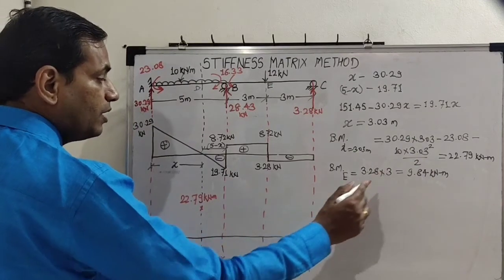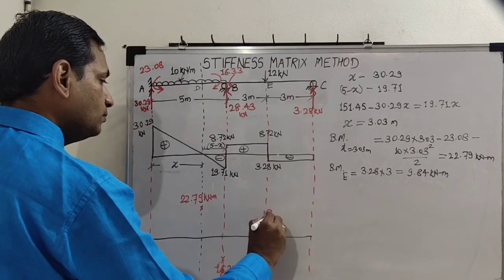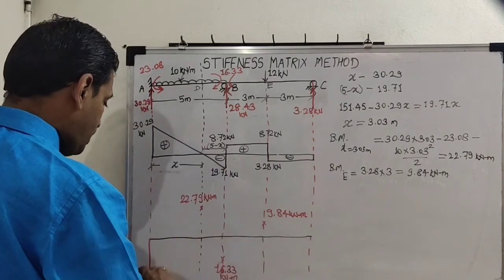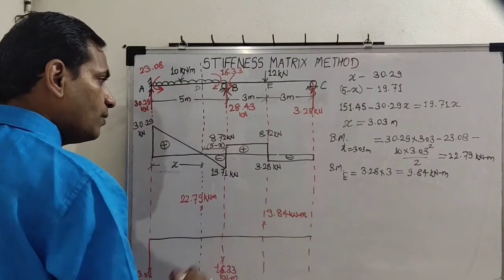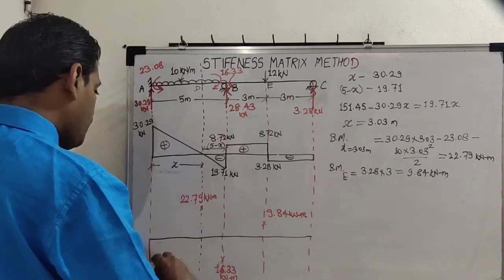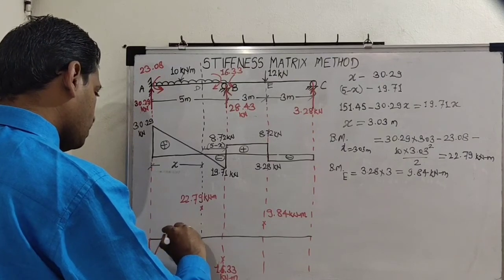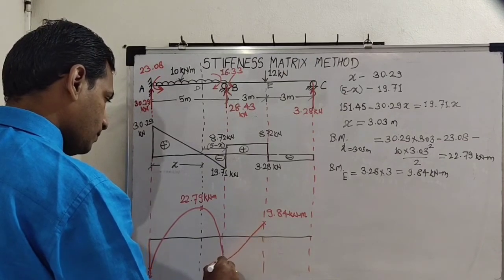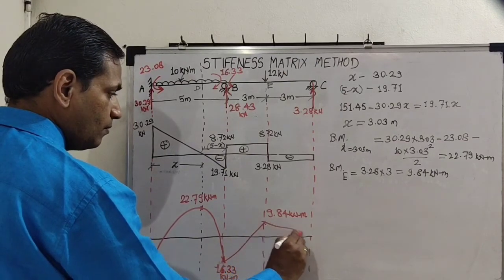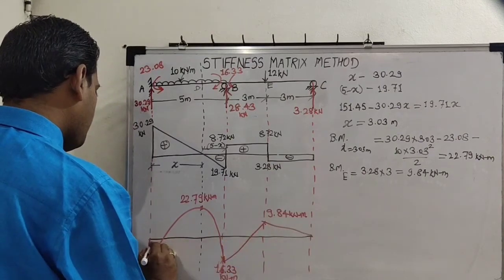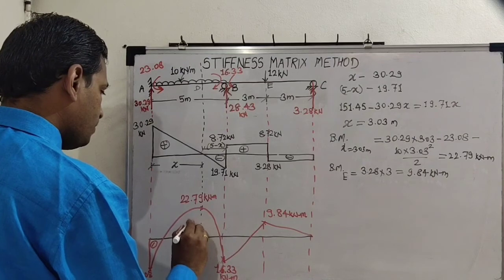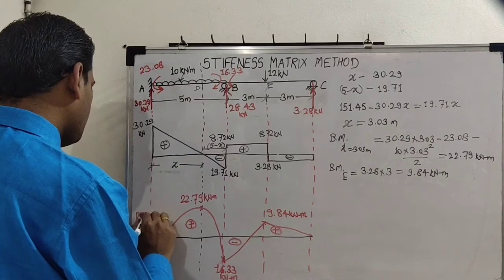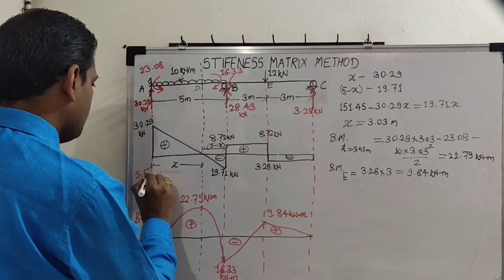Here 9.84. Now let us join all these ordinates, 1, 2, 3, 4 and 5. Here is 0. So from A to B, variation is parabolic. Then it is linear. Our BMD on tension side is over. This is minus, this is plus, minus, plus. So this is BMD and this is SFD.